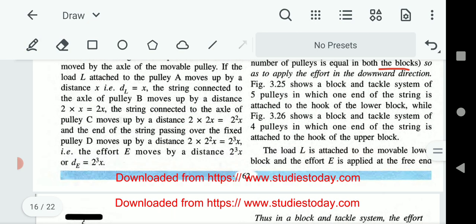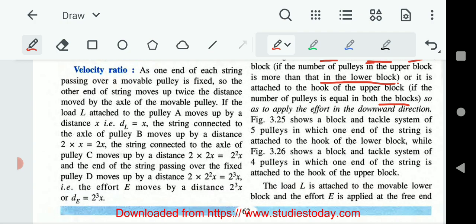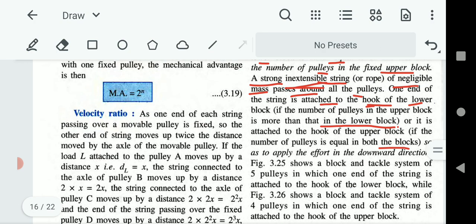So this is the main system that is written here. Again I am reading the same thing. See here. Or it is attached to the lower hook.